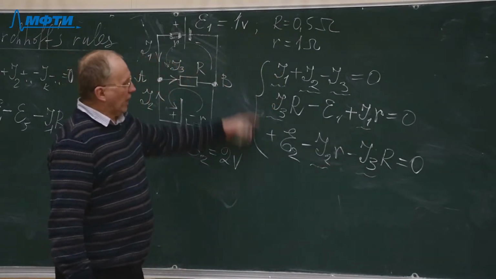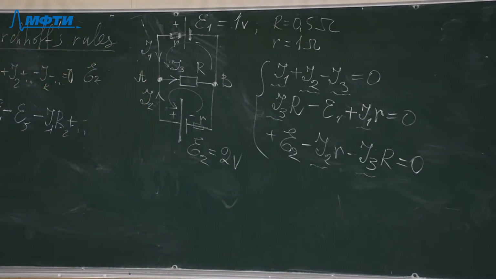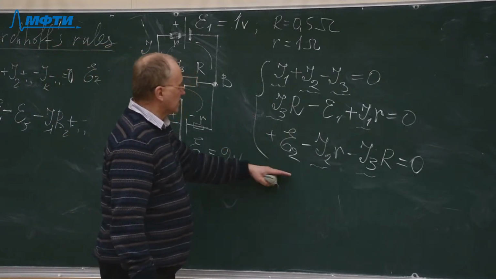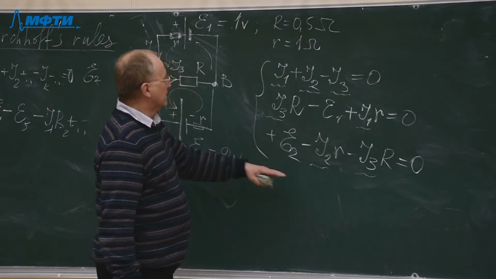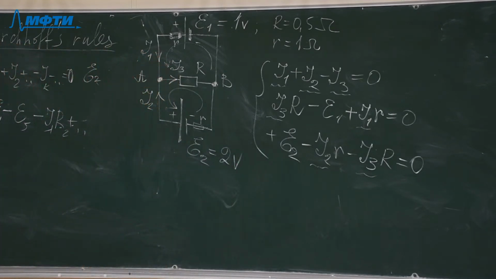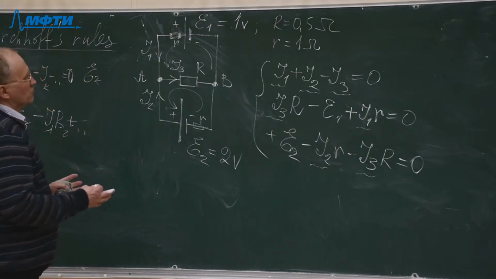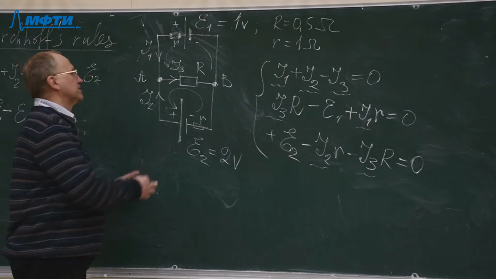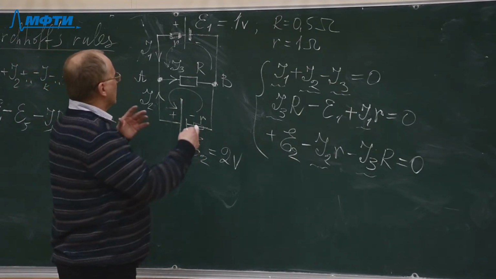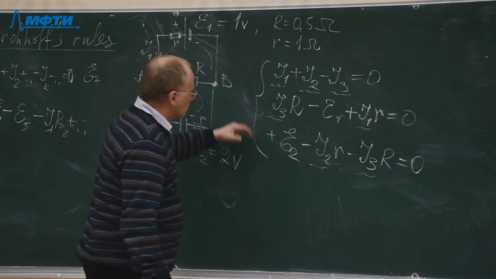And you know how to solve the system of simultaneous equations. This is not physics, this is mathematics. Physics has ended as soon as we have completed these equations. So when do we have physics in this problem? When we analyze the situation, when we apply laws of physics, and when we write down the laws of physics in the form of equations.